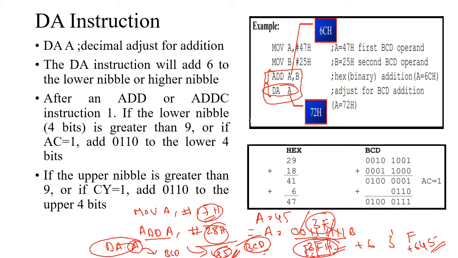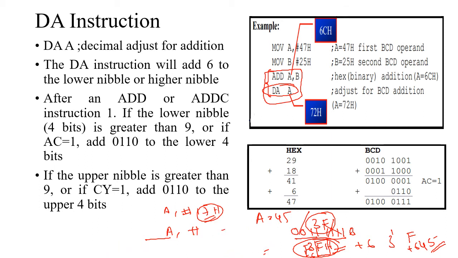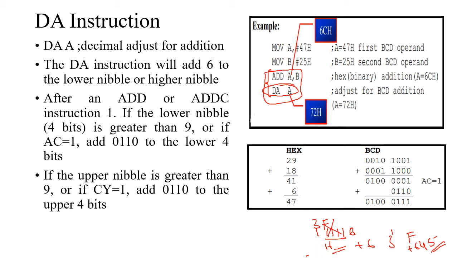This is what decimal adjust after addition does. When you add two BCD numbers, if you get a non-BCD number, the DA instruction will automatically convert the non-BCD result in the accumulator into a BCD result.